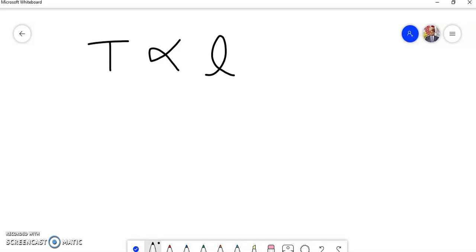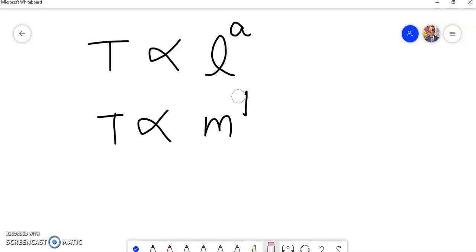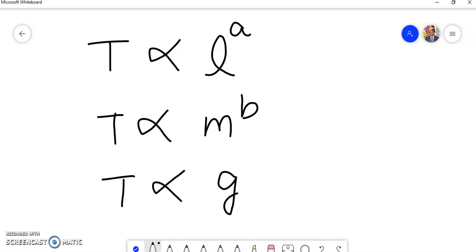Suppose it is L to the power a times, proportional to mass m to the power b times, and thirdly proportional to acceleration due to gravity g to the power c times. This is our assumption. When you are asked to derive any equation, you have to adopt similar methods.